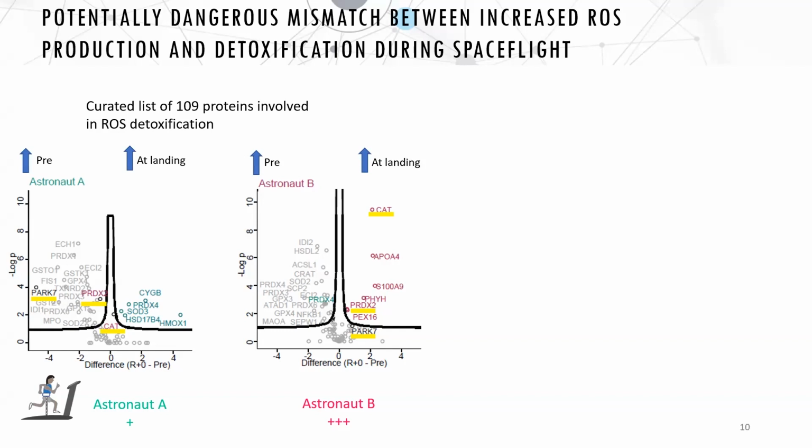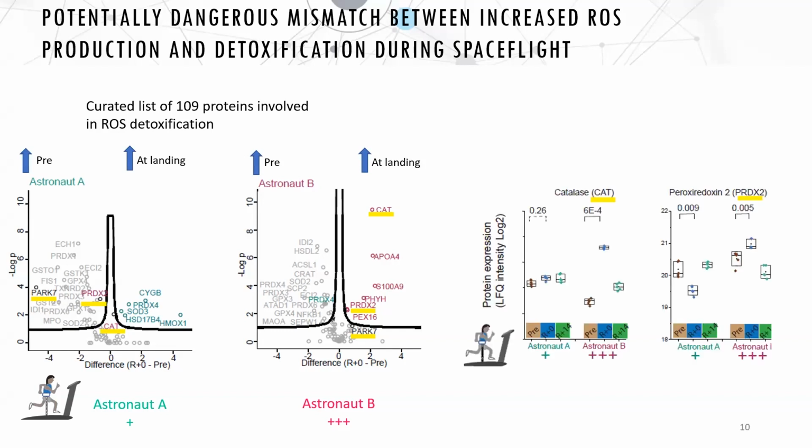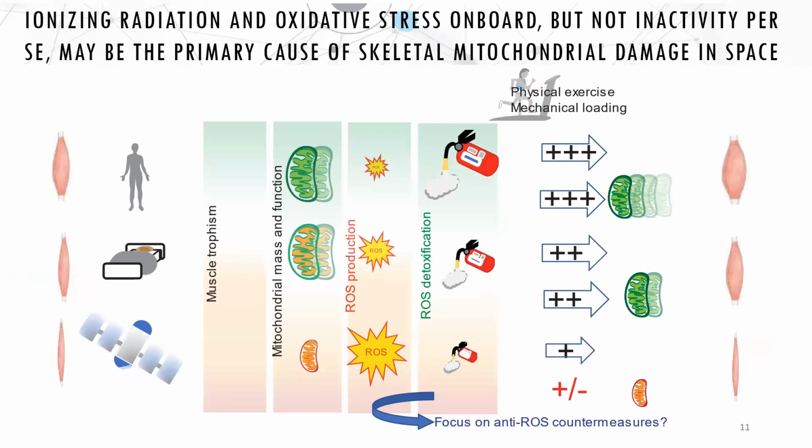So this could be individual variability or this could be training. But if we look at the detail here, you can see that astronaut A did not induce catalase or peroxiredoxin, on the contrary, whereas the astronaut that trained more had a healthy induction of catalase, which may be protective under these conditions. So this leads me to this hypothesis, basically.